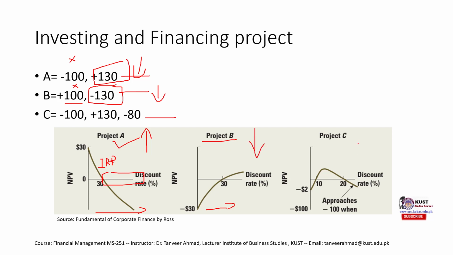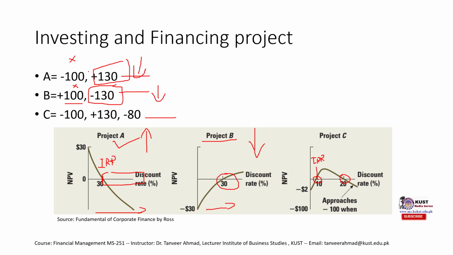But in case of project C, the scenario is altogether different. You know, this horizontal line, this x-axis, when this line crosses this x-axis, it is our IRR. In case of project B, there was one IRR because this line crosses the horizontal x-axis just once.